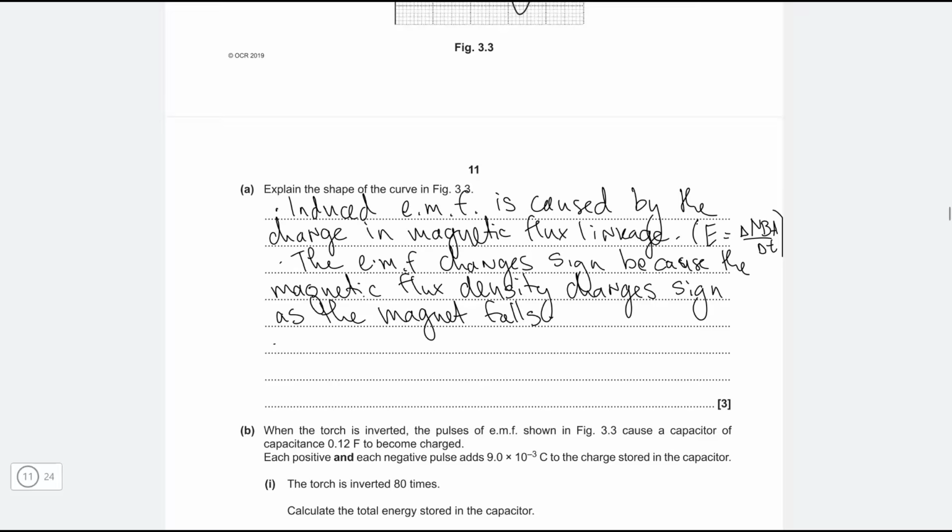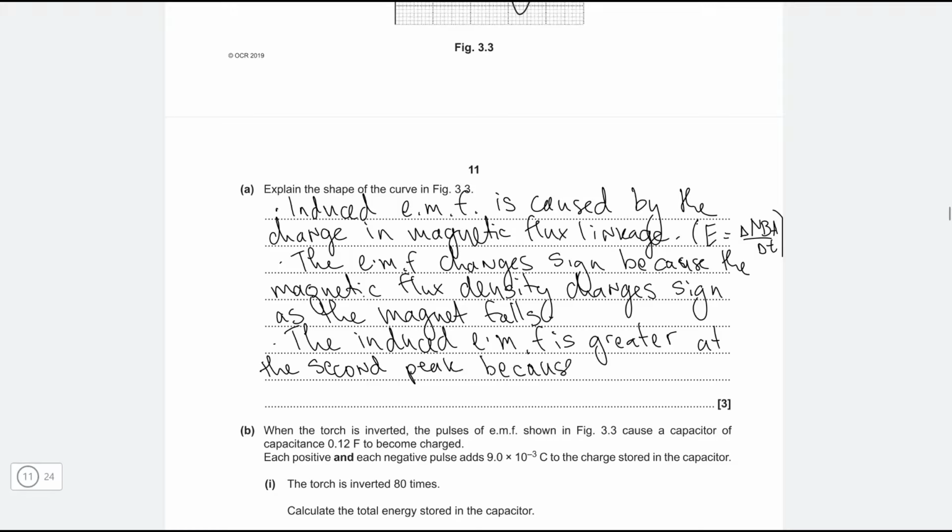I'm also going to say that the induced EMF is greater at the second peak because the magnet has accelerated.